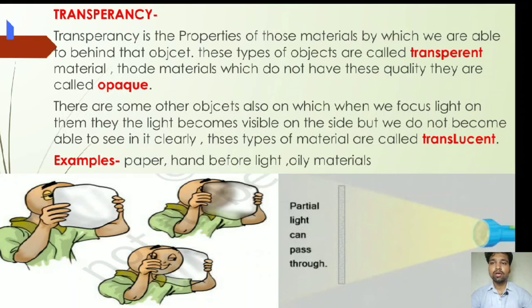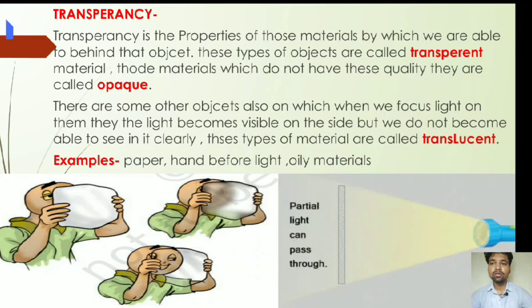Friends, in a figure, a boy is looking through a sheet of ice. In the first situation, it is very thick, and the boy is not able to see the objects behind it. In the second situation, the ice is a little bit thinner, so the light can pass, but the boy is still not able to see.